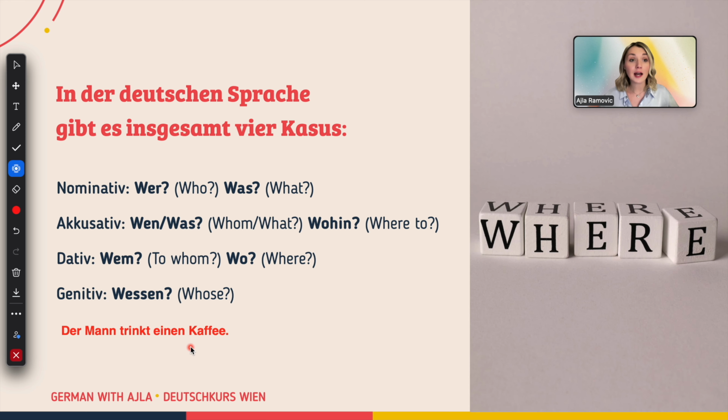The coffee is not doing anything, okay? So the activity is just getting transferred to the coffee. So the act of drinking is happening to the coffee, which is making this an object in accusative.